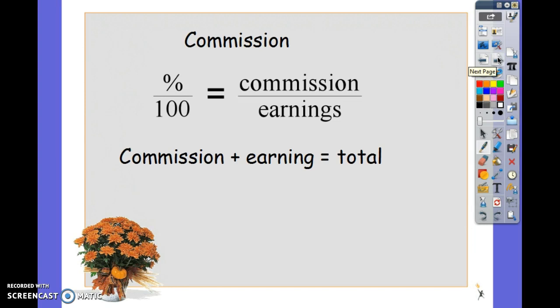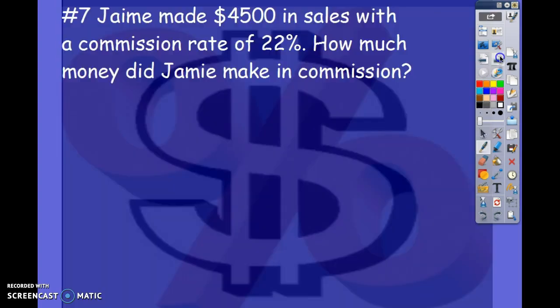Next, we're going to do a commission problem. Commission is your percent over 100 equals commission over earnings. Then you take your commission plus your earnings and get your total. Number 7, Jamie made $4,500 in sales with a commission rate of 22%. How much money did Jamie make in commission? So I'm going to do a proportion. 22 over 100 equals X over 4,500.